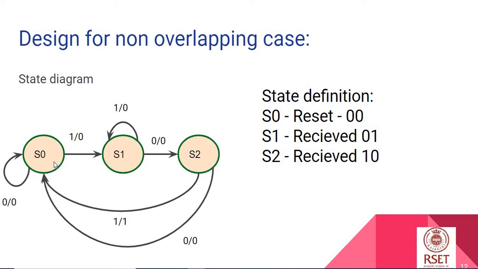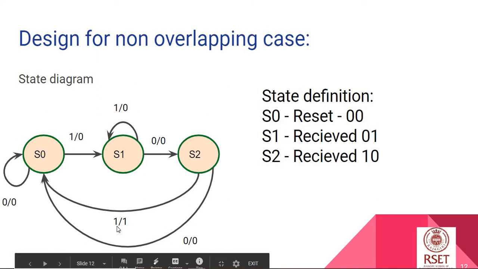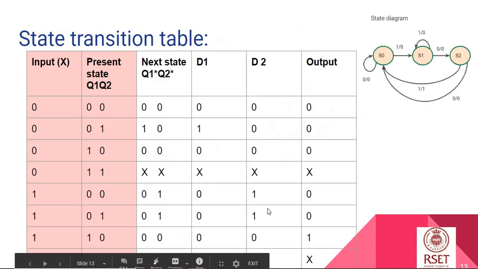That is, I have a sequence of 0, 0. When I am at the state S1, it means I have got a 1 with me. When I am in state S2, it is a state where I have 1, 0 with me. And at state S2, when I get a 1, my sequence is completed and thus I can output 1, saying that I have detected the sequence 1, 0, 1.